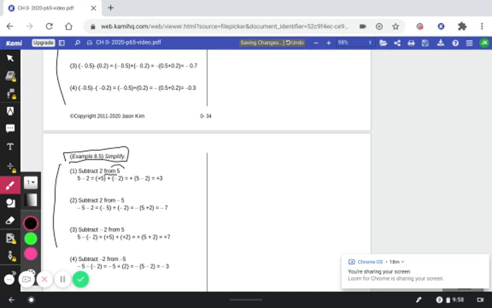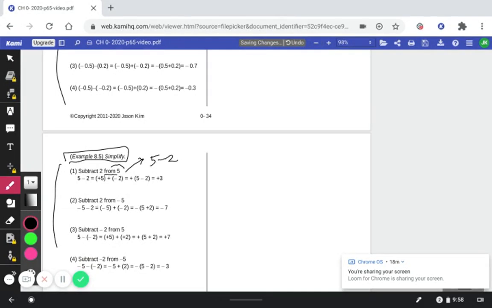So that becomes 5 subtract 2. So whenever you have a subtract from some number, you translate that sentence into this expression, and then you do the subtraction of two numbers, okay?